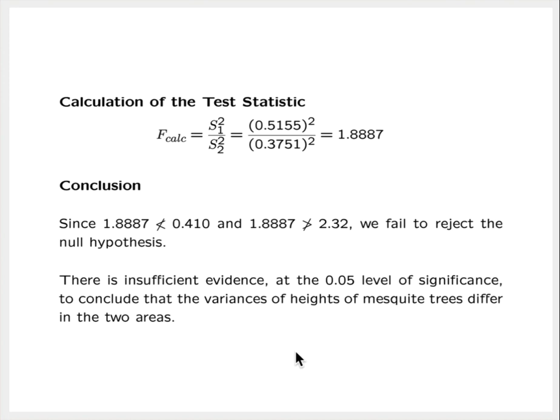But what this is telling us is that it's not unreasonable, as we proceed to the comparison of the means, for us to assume that the population variances are equal. All right? And so when we go to that subsequent analysis to compare the means of the populations, we can use a procedure which assumes that the population variances are equal.